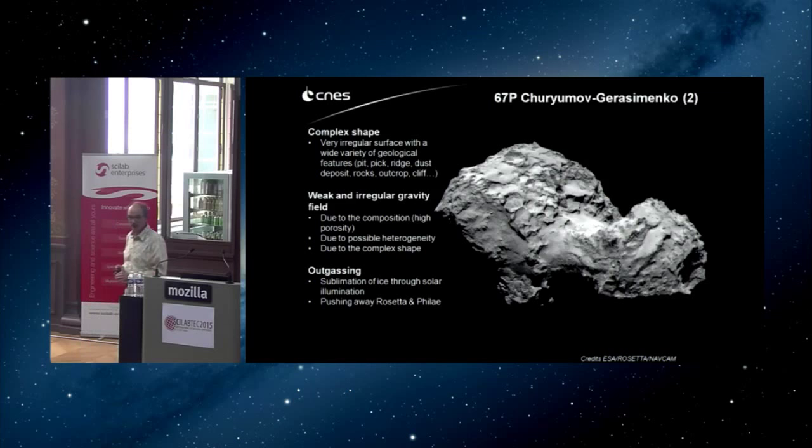And also there is outgassing. Outgassing is a sublimation of the ice, the main ingredient of the comet, which sublimates and pushes away Rosetta and Philae on the approach of the comet. Fortunately, at the time of the landing, the outgassing was not so high and was not so much of a problem.